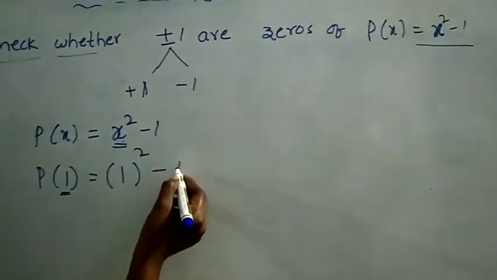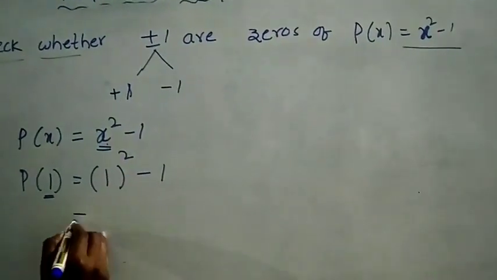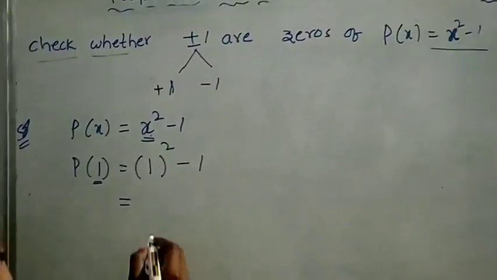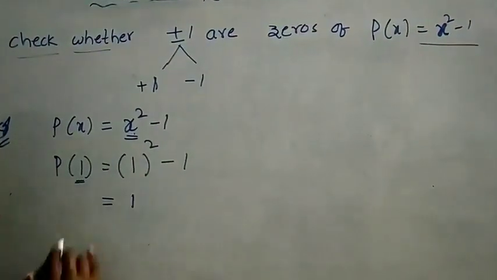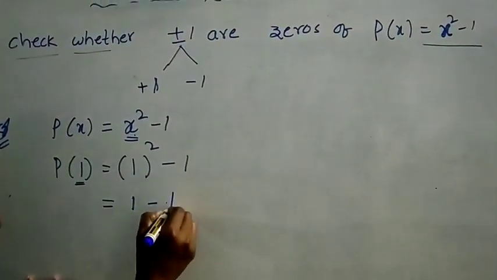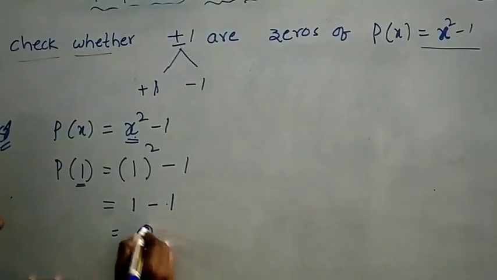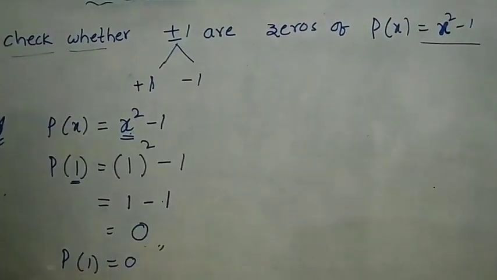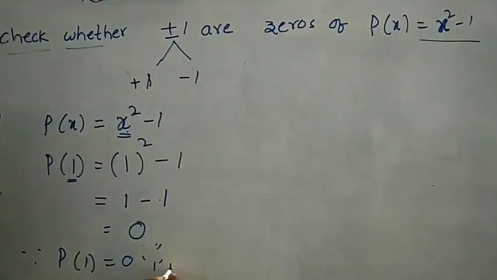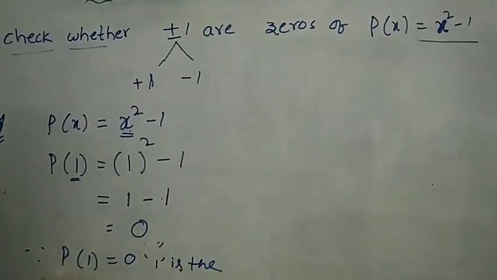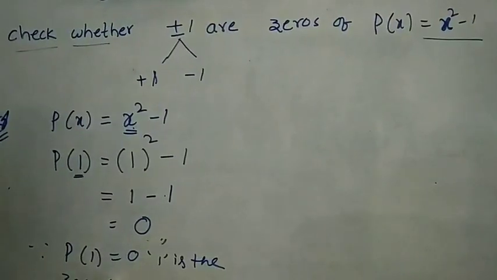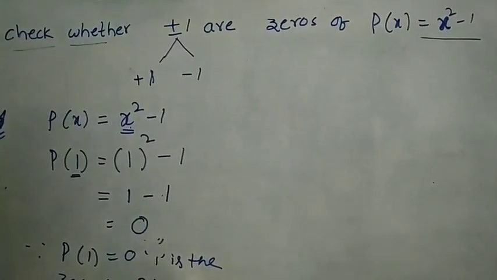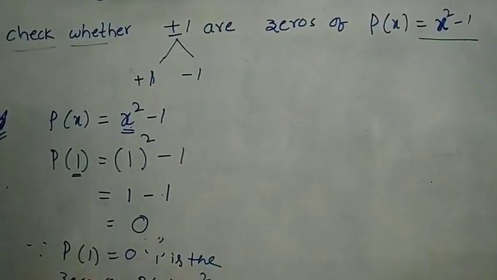X square minus 1 means 1 square minus 1. 1 square means 1 into 1, 1 minus 1. 1 minus 1 is 0. Since p of 1 is equal to 0, 1 is the 0 of p of x is equal to x square minus 1.